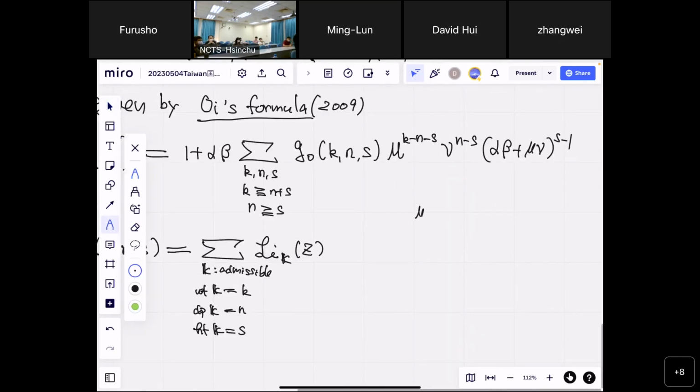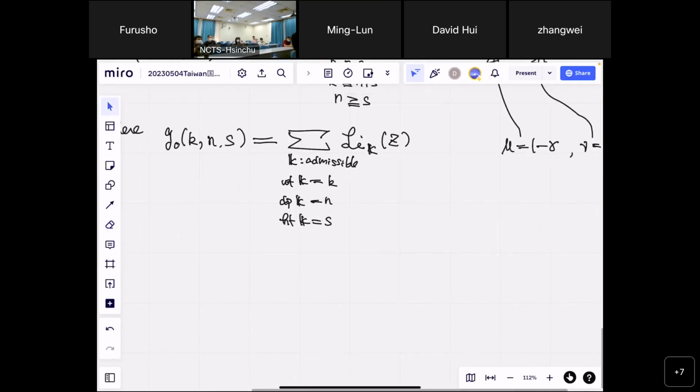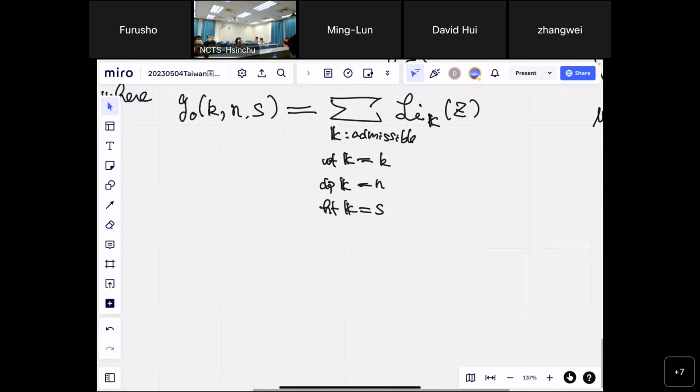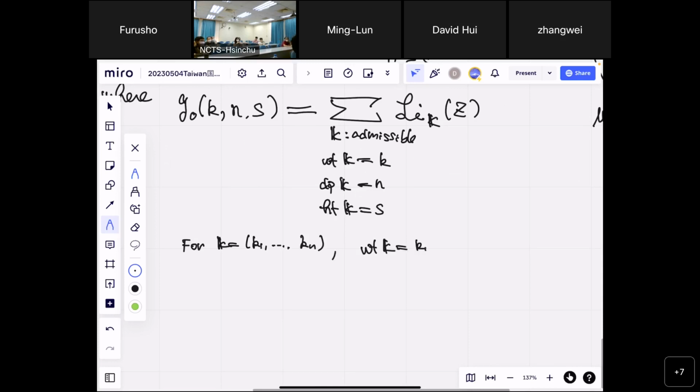Here again, I have a thing like this, made with the summation of all the components.